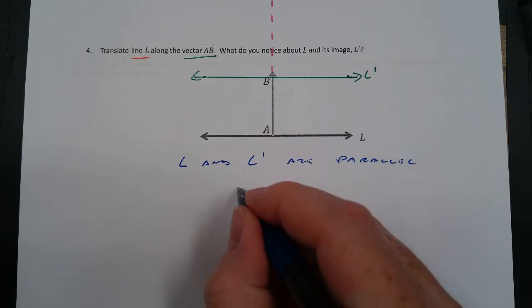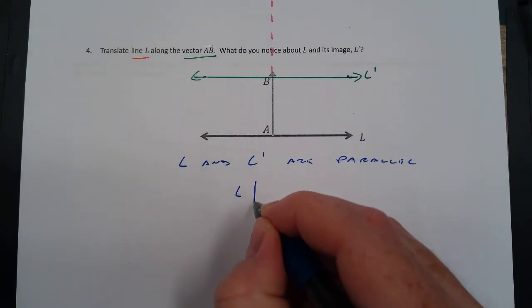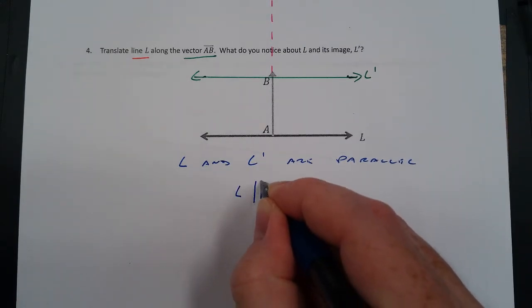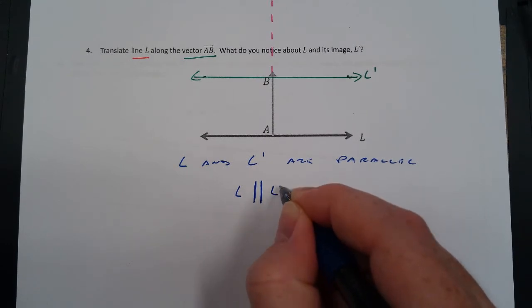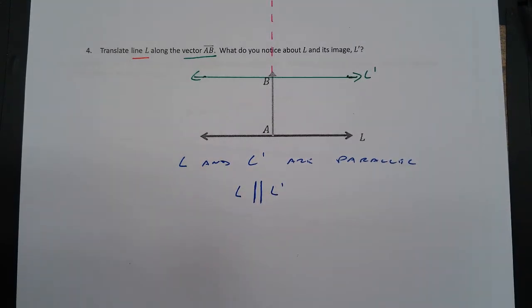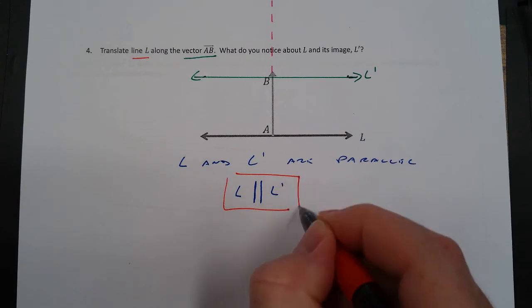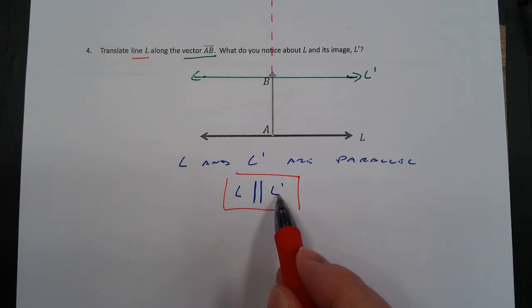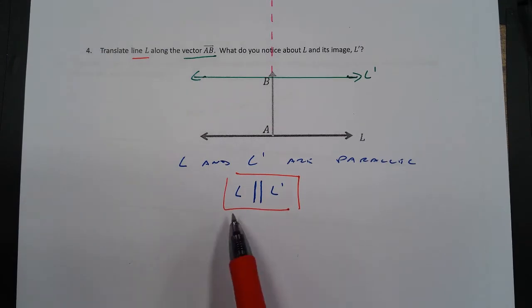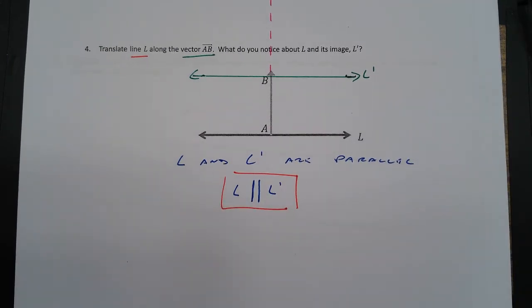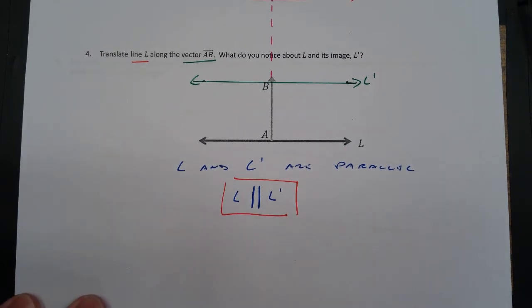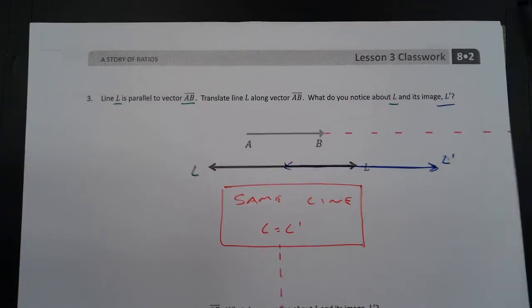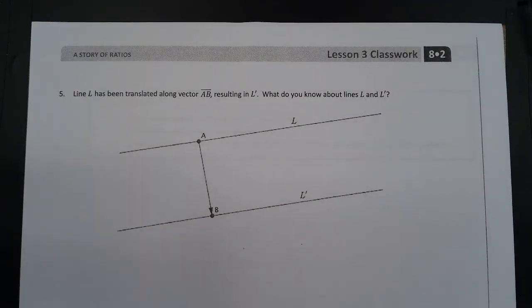Another way to write this: L is parallel to L prime. This symbol in the middle means parallel. L is parallel with the image of L. So we just made parallel lines. We're learning a little bit more about parallel, and we're practicing translating. It's a good day. Let's go to the next page and see what we have.